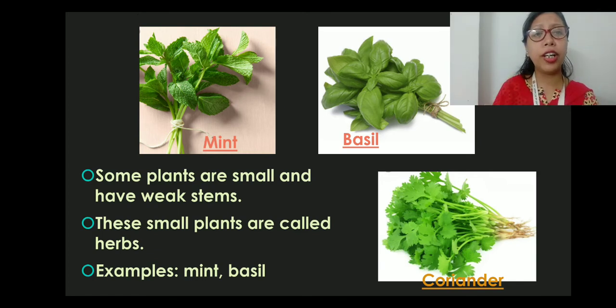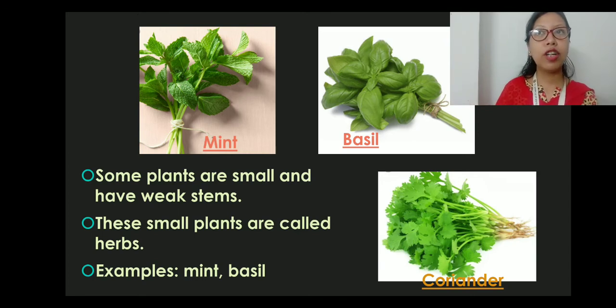They are very weak. You can easily break the stem, right? And you can easily pluck out the leaves also. So we can chop the coriander along with their stems too, right?